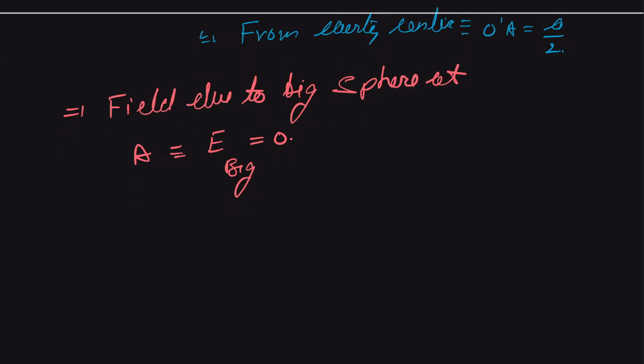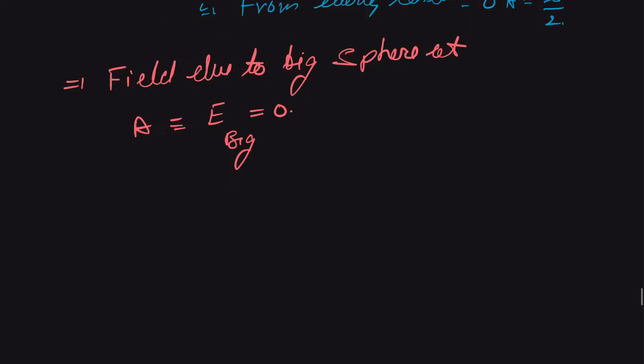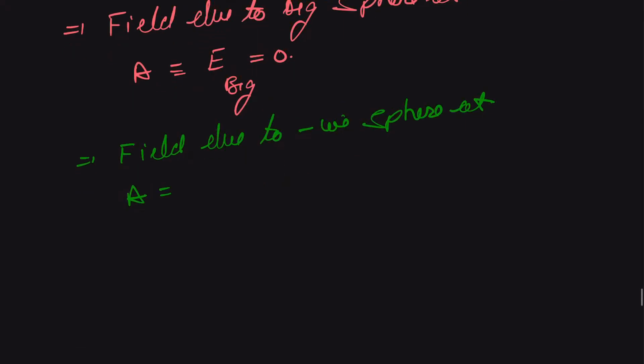And now we find out the field because of the cavity, that is the negative sphere, at A. You can say the field due to the negative sphere at A, let us call this our E small.